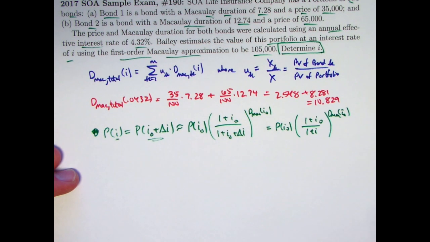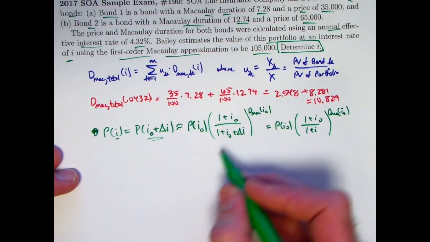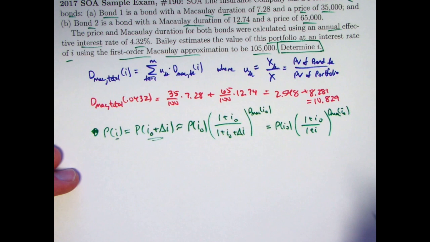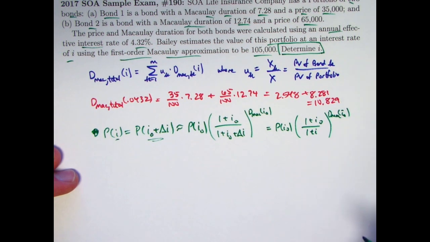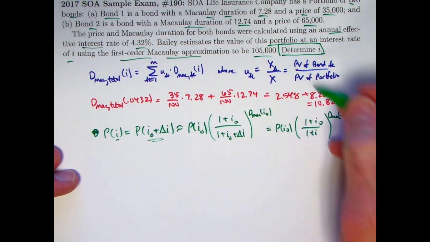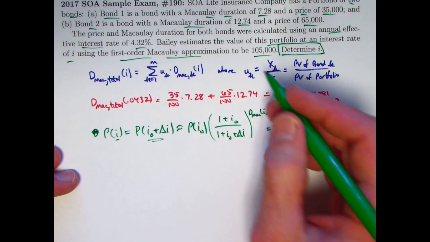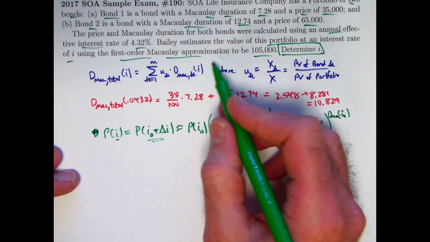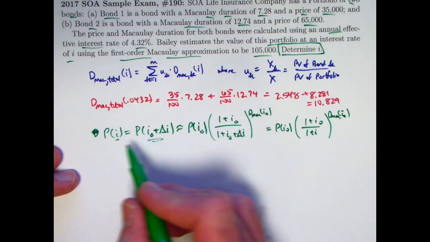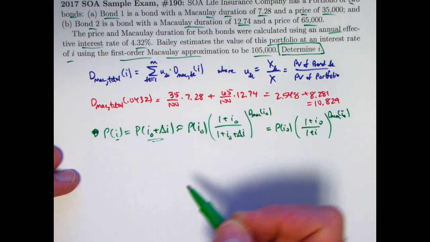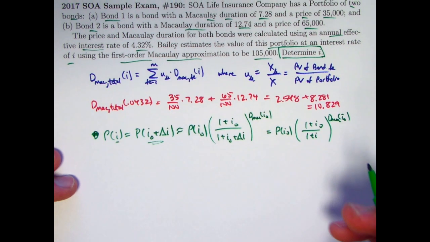Our goal here is to find I. All right. We are given I0, that's the 0.0432. We're given the Macaulay duration of the portfolio. We figured it out to be 10.829. We are told that when we use the first order approximation, we get 105,000. That will be the value of P of I. And we also knew the original price to be 100,000.